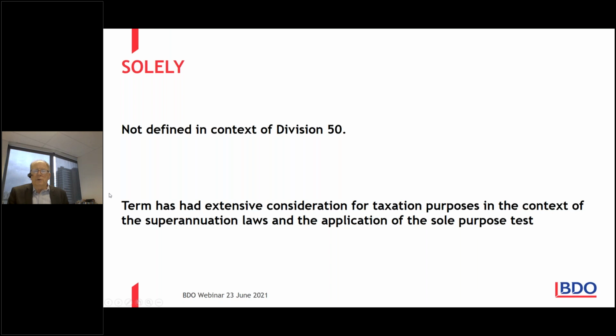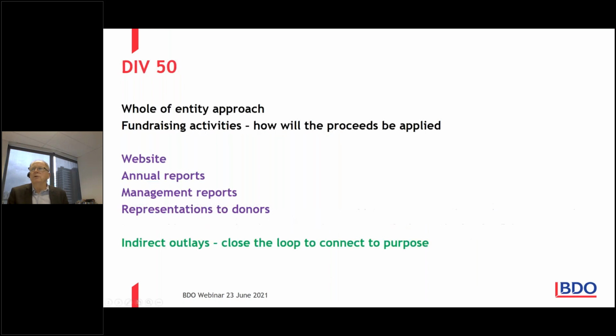And so what I'm going to suggest to you is that you need to ensure that for your fundraising activities, you do a whole of entity approach, and that you look at things like your website, your annual reports, your management reports, what you say to donors, and for indirect outlays, closing the loop.